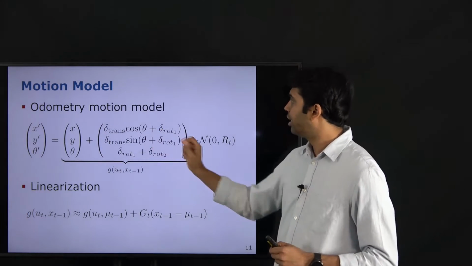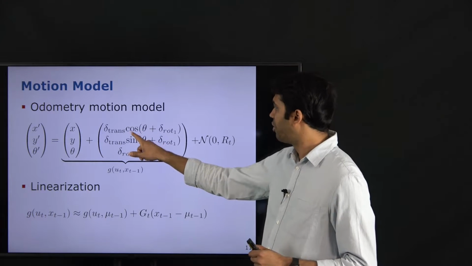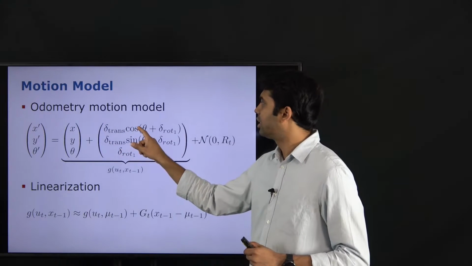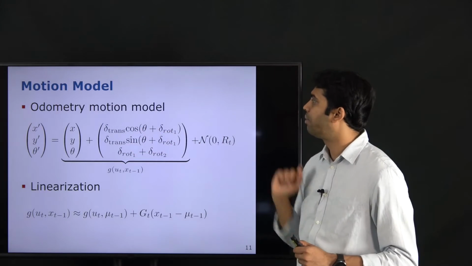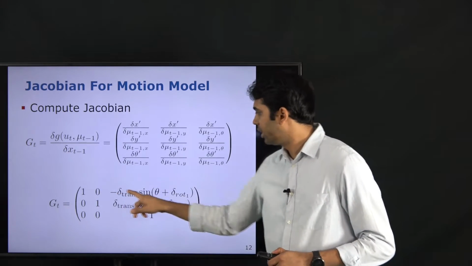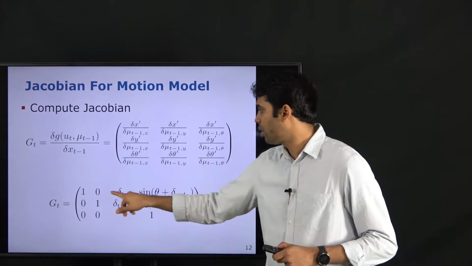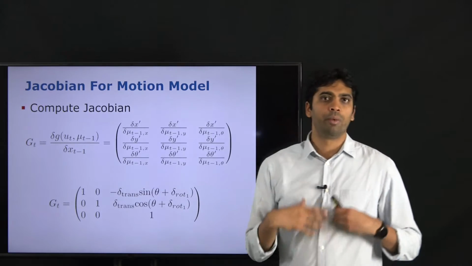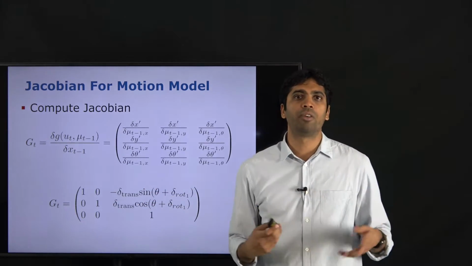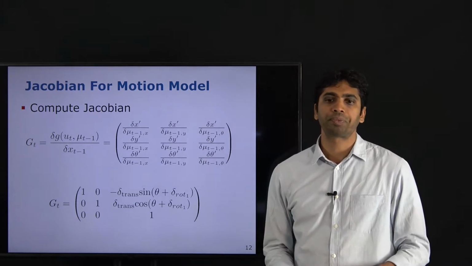And with respect to theta, it would be the derivative of this term here, which would be minus delta translation times sine of theta plus delta rotation 1. And if we look up here, this is the solution that we have: 1, 0, and this term here. We can repeat this for each one of the rows and then stack it. And this is basically how we compute the Jacobian.